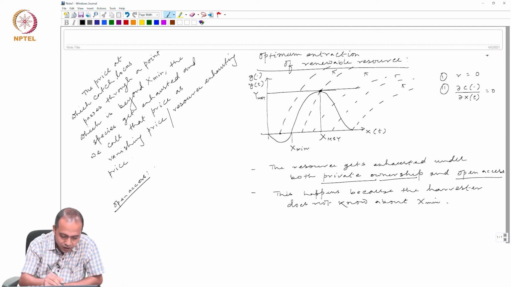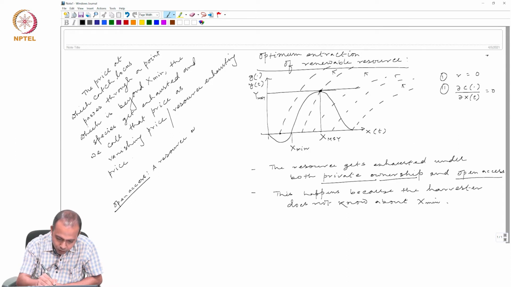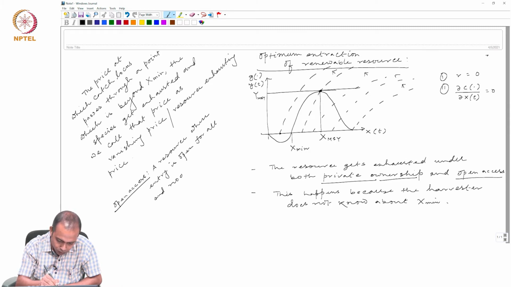Open access is a resource where entry is open for all and no one can be restricted from harvesting the resource.